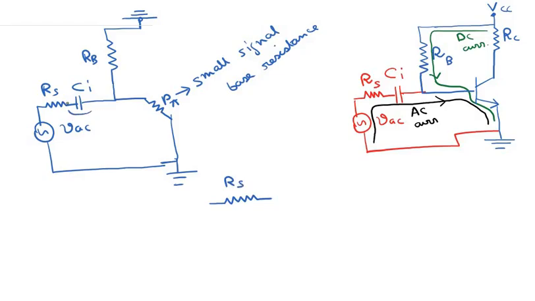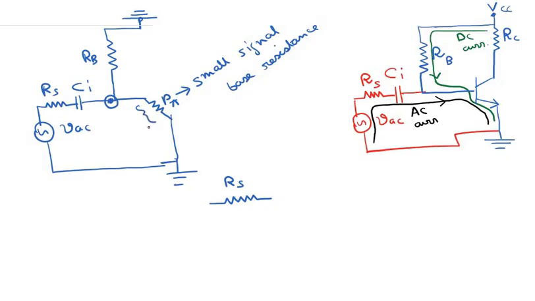Now this capacitor, we would assume that it is appropriately chosen such that it can be assumed to be a short circuit at the AC frequency. So this capacitor Ci basically acts as a short circuit for the AC current. So we would not put this capacitor here, and between this point and the ground there are two resistors.